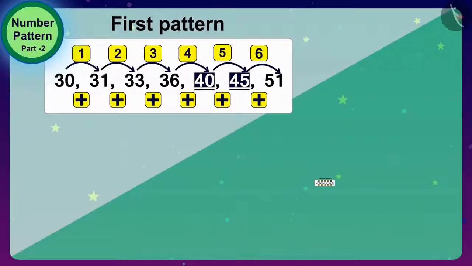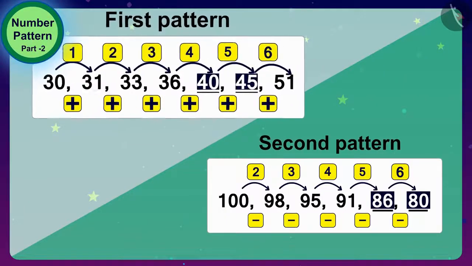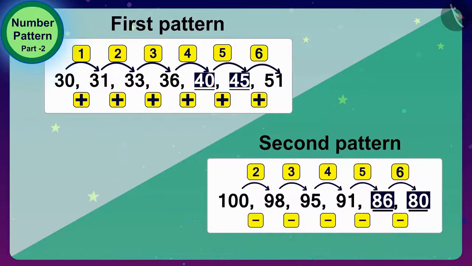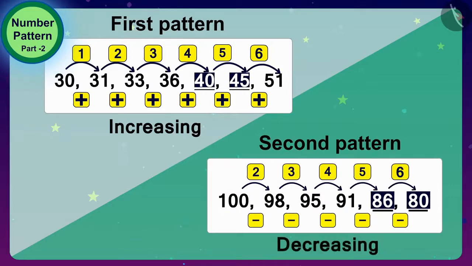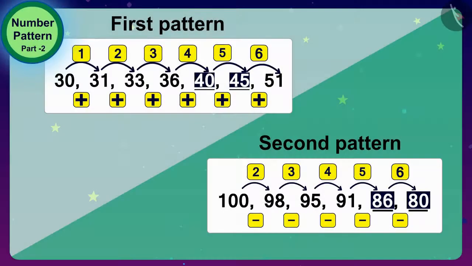Children, if you look at the first and second patterns asked by the angel, you will find that the numbers in the first number pattern are increasing, and the numbers in the second number pattern are decreasing. And kids, do you know another interesting thing?